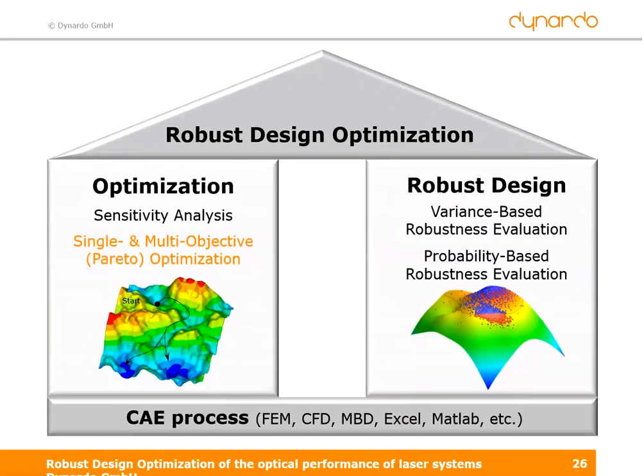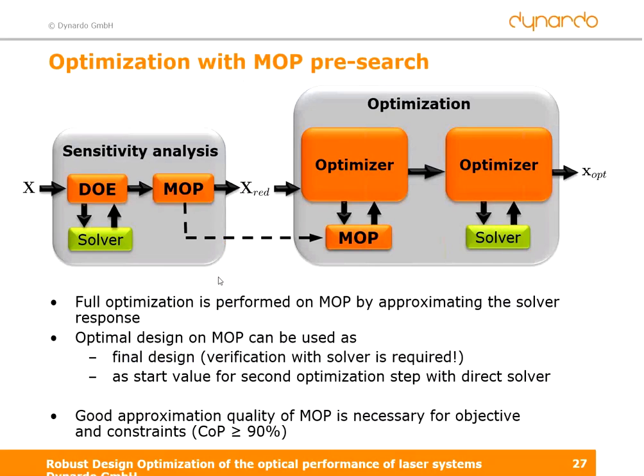And this MOP, this metamodel, can be used for pre-optimization, for example. Now we are in the optimization part. As you can see here, our input parameters are reduced by the sensitivity analysis to the really important input parameters. And now you can use this reduced data set or reduced input parameters to do the optimization.